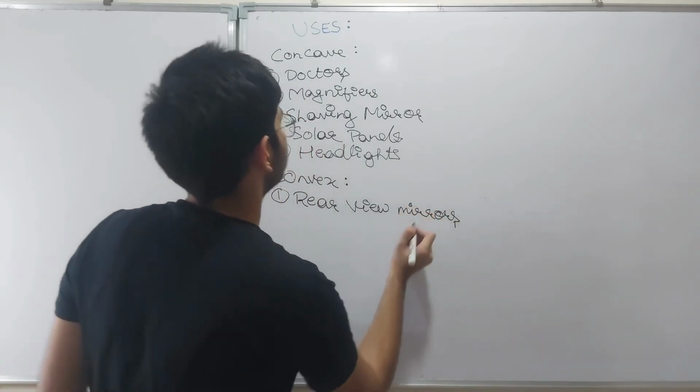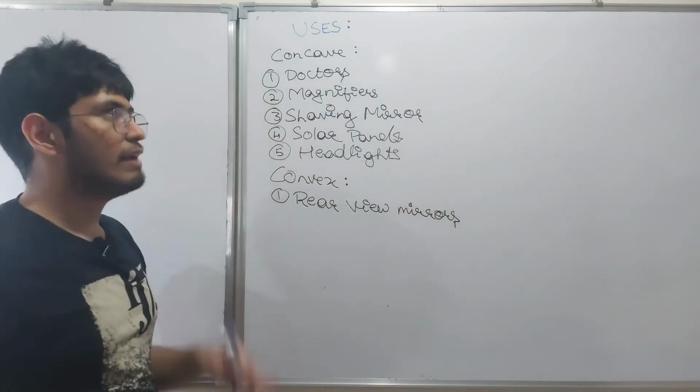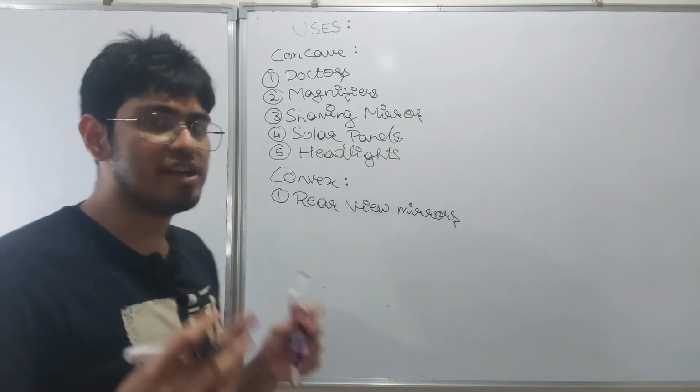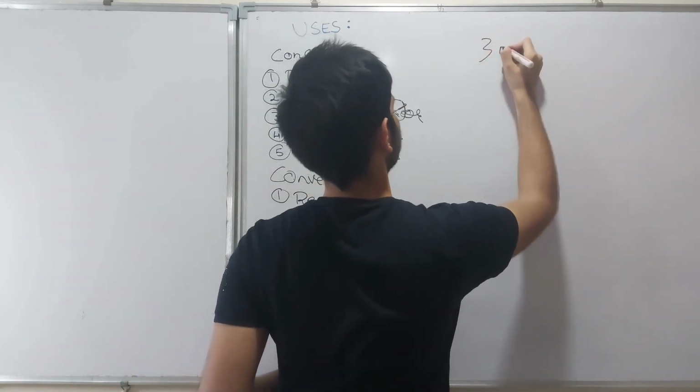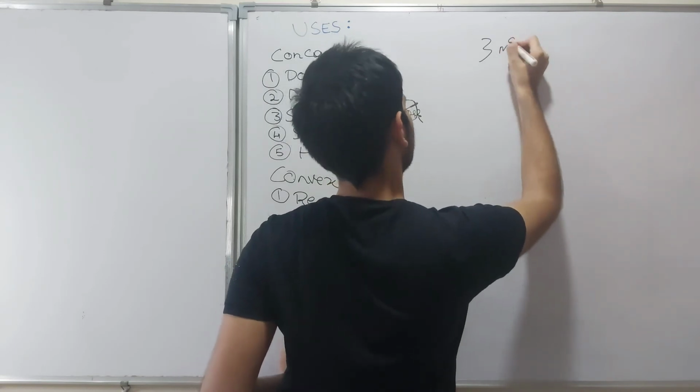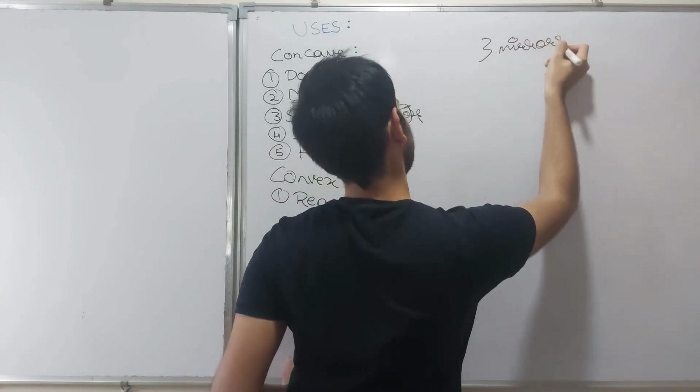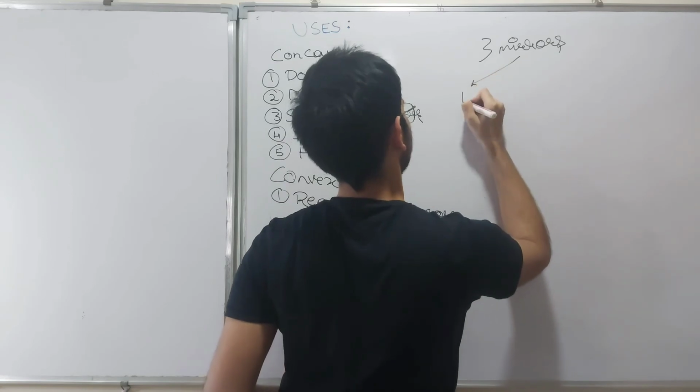Now, one more thing that I have to discuss. If you are given three mirrors, what are the three mirrors? The first mirror is a plane mirror.